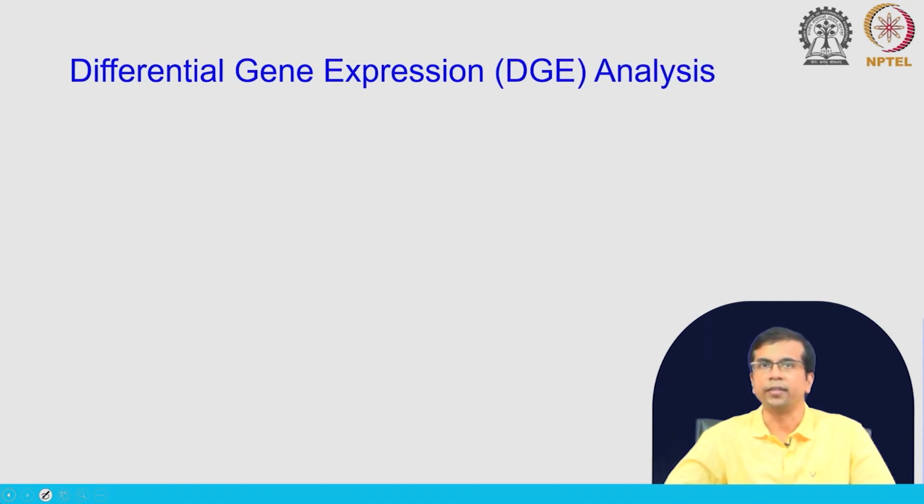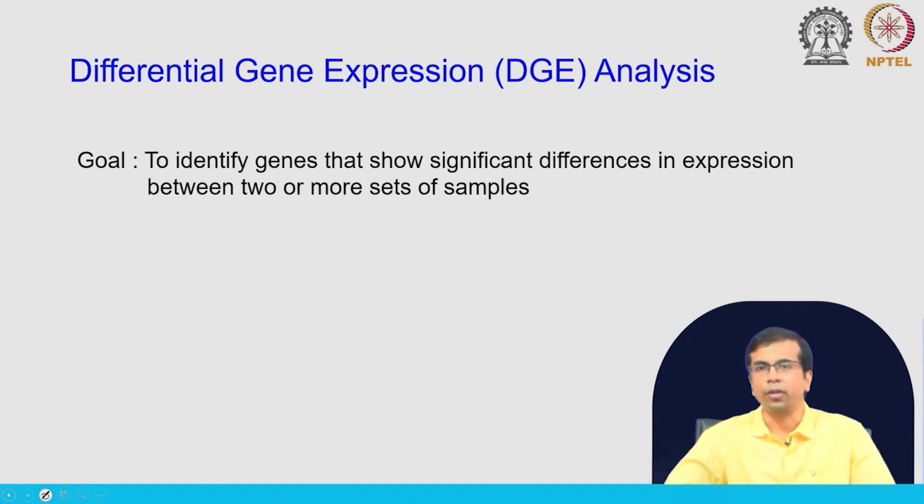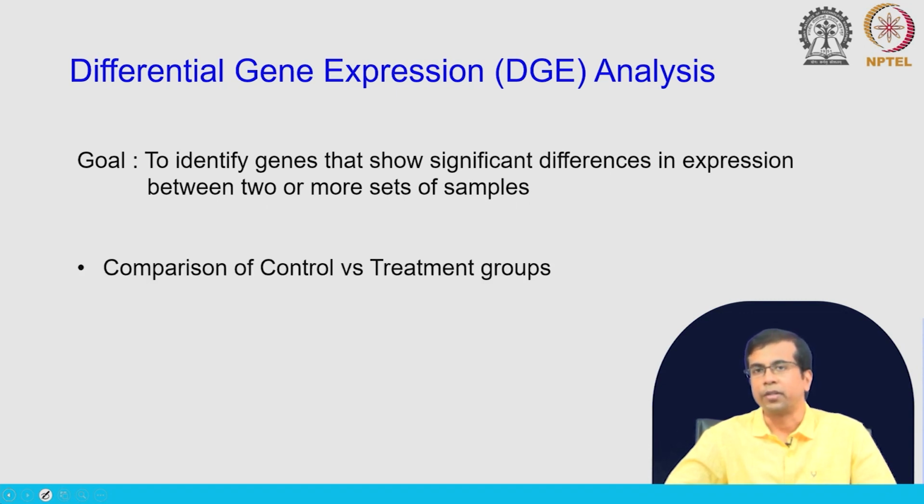The analysis is differential gene expression analysis. This is a very popular analysis, and the goal is to identify genes that show difference in expression between two sets of samples. These two sets of samples could be a comparison between control and treatment groups.